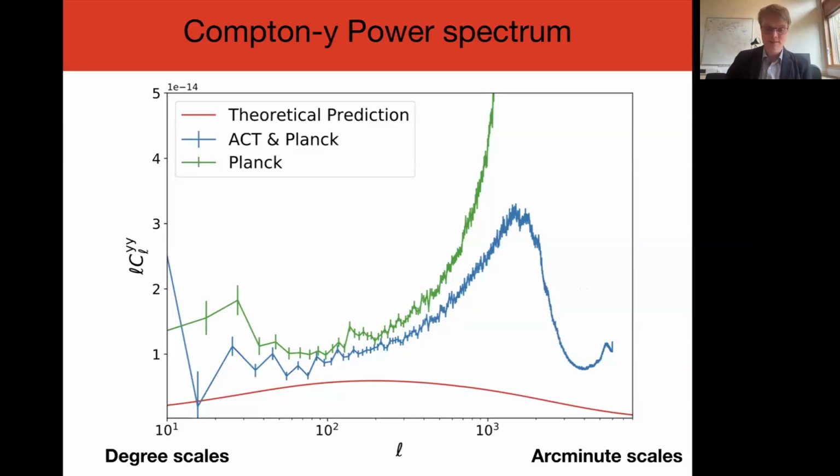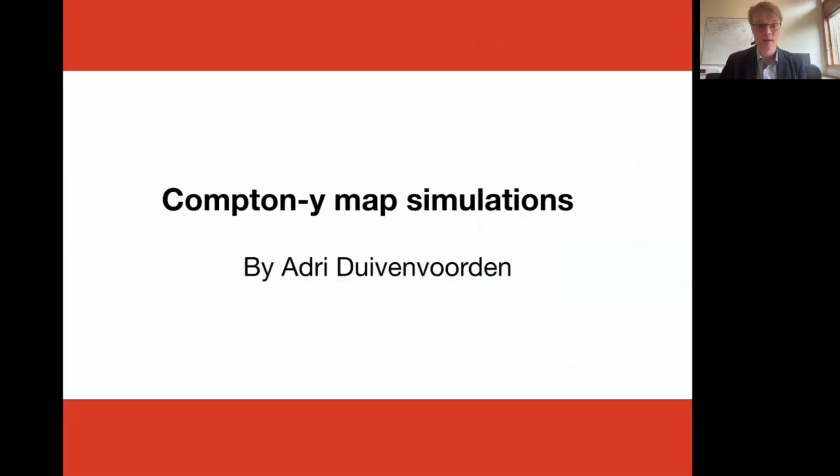The second thing to notice is that our measurements lie significantly above the theoretical prediction for the power spectrum over almost all scales, which says that our map is effectively noise dominated on almost all scales. This highlights how non-Gaussian the Compton Y map is, that we can, by eye, locate individual objects, but that the power spectrum is noise dominated. And with that, I'm going to hand you over to Adri, who's going to talk about simulations of our Compton Y maps.